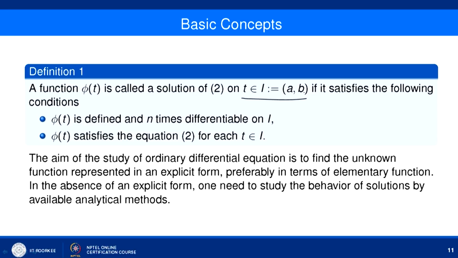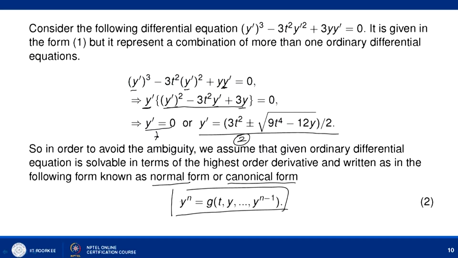So, if it satisfies the following conditions: the first condition is that phi t is defined and n times differentiable on I, so that y to the n-th derivative and all the given derivatives exist.